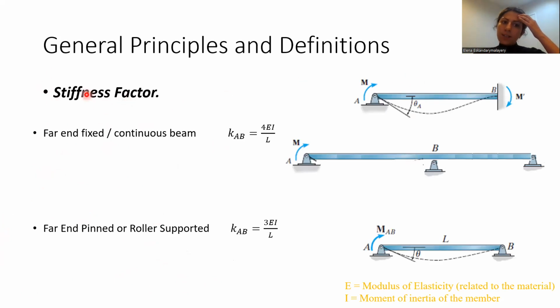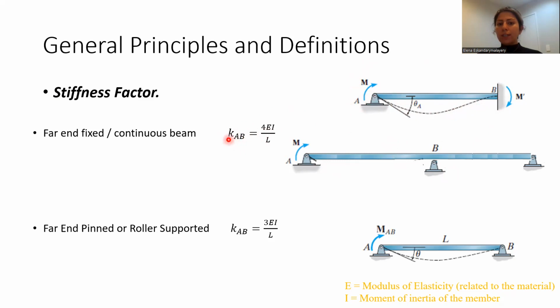So to calculate the stiffness factor, we consider two cases. One case is when we have far end fixed or far end continuous. When we say far end, it means you have to calculate this stiffness factor at each joint for each member. So when you stand at A and look at member AB, the other side of the member is B, which is the far end.